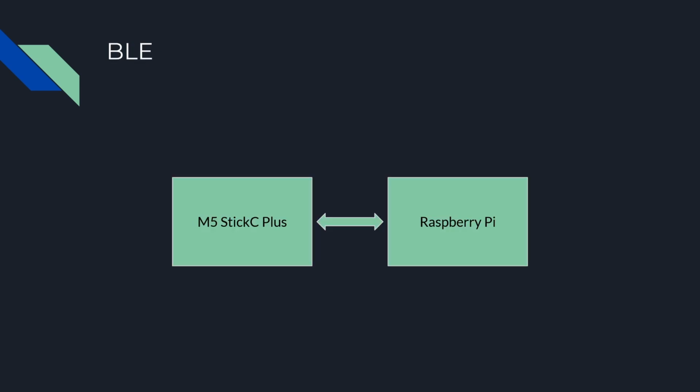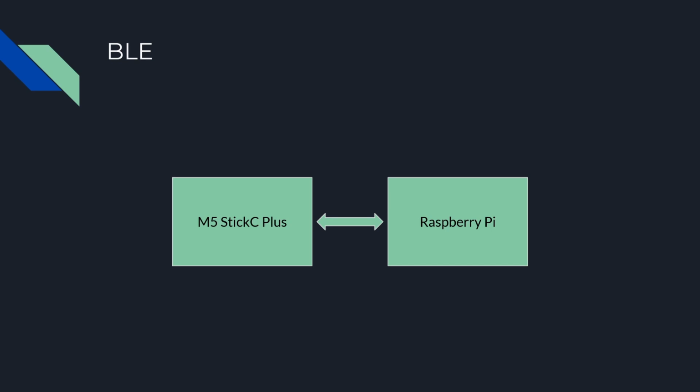In the case of Bluetooth Low Energy, the M5 Stick C Plus connects directly to the Raspberry Pi server. The Raspberry Pi server will set up notifications to listen to changes in the response characteristics as well as the audio characteristics of the M5 Stick C+.